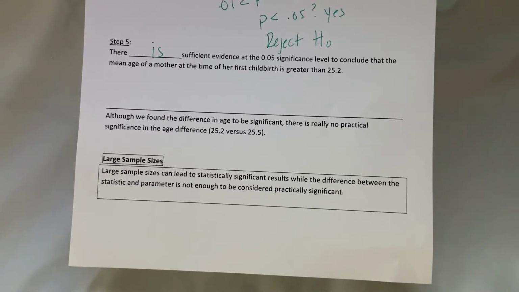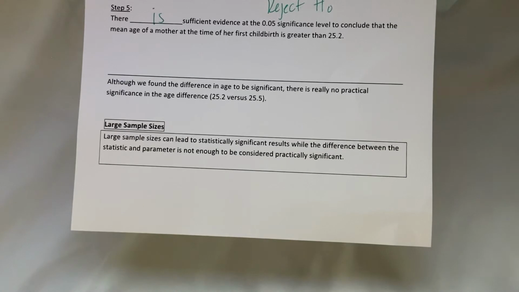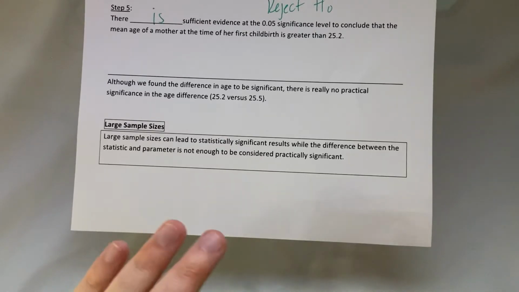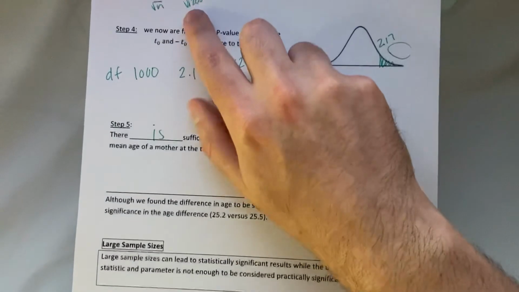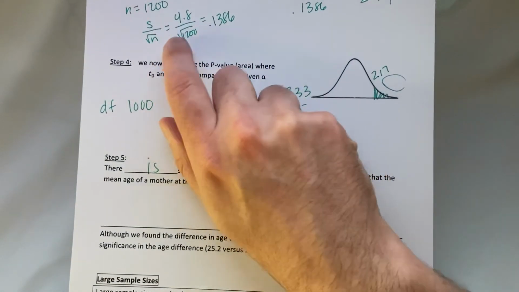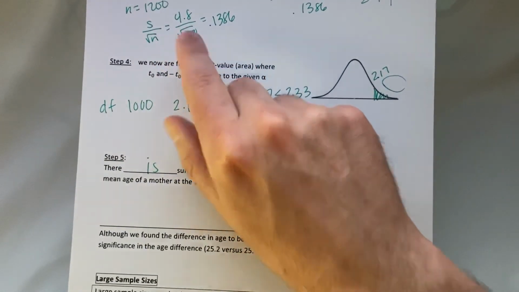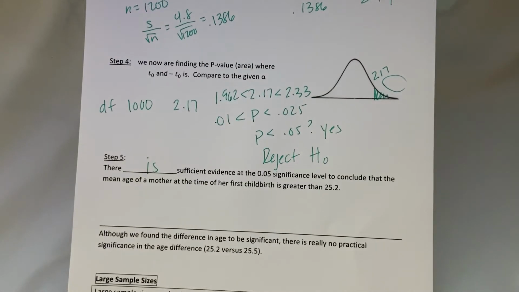So one thing about large sample sizes is large sample sizes can lead to statistically significant results while the difference between the statistic and the parameter is not enough to be considered practically significant. So why is that? So let's look back at this problem. Remember that the sample size is something we end up dividing by. So if we take a really big sample size and we divide by it, we're taking a number and dividing it by a relatively large number.